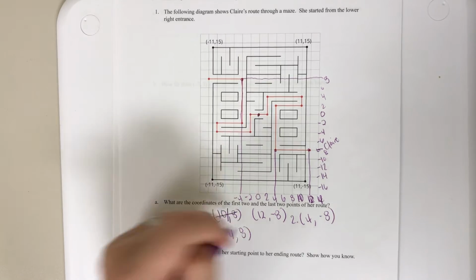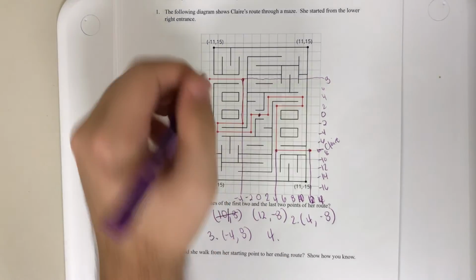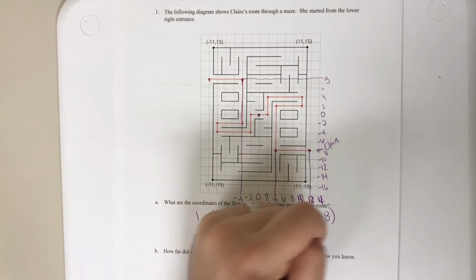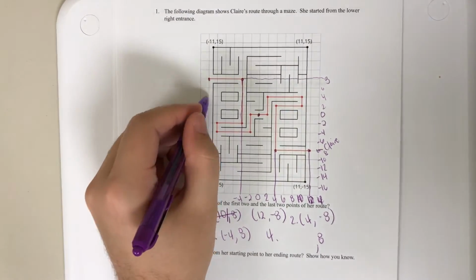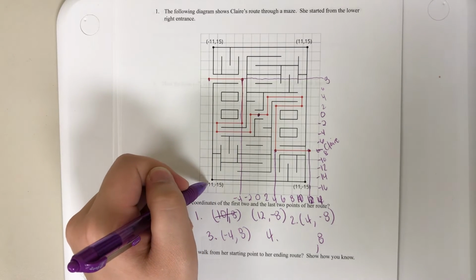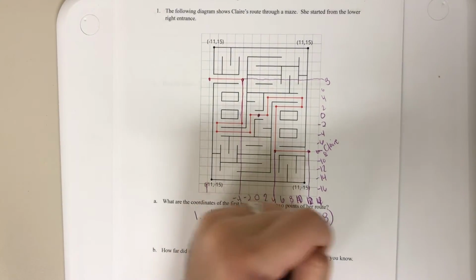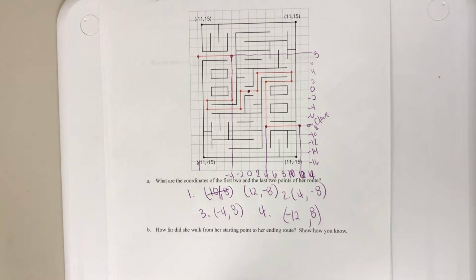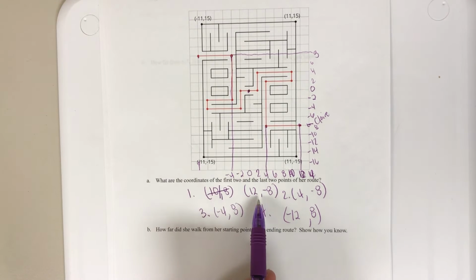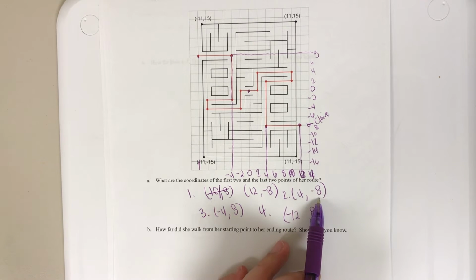Interesting. -4, 8, and then my last point, I know it's going to be 8 at the end because it's on the same line. And then if I go all the way down here, that looks like it's going to be -12. So -12. So I apologize for the careless mistake I made. It was because my brain is moving way too fast. But you start here at 12, -8, then you go to 4, -8. Those are the first 2 points.